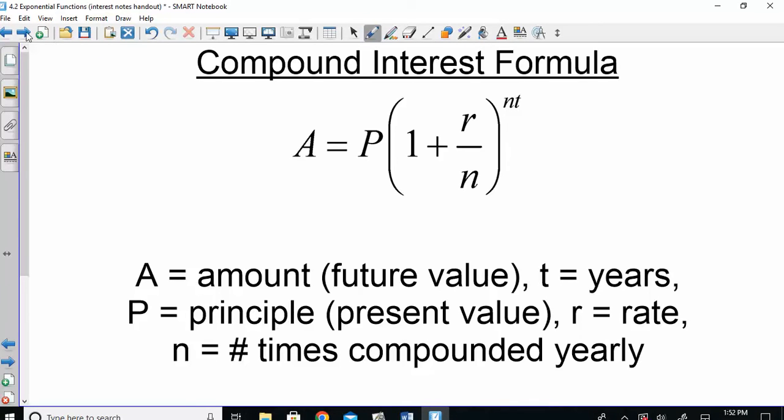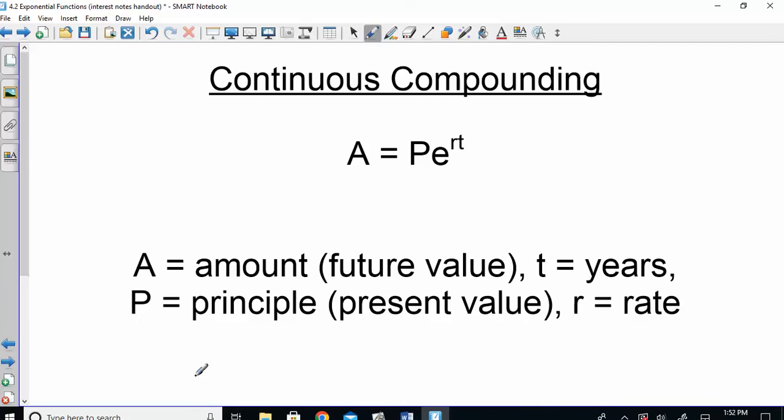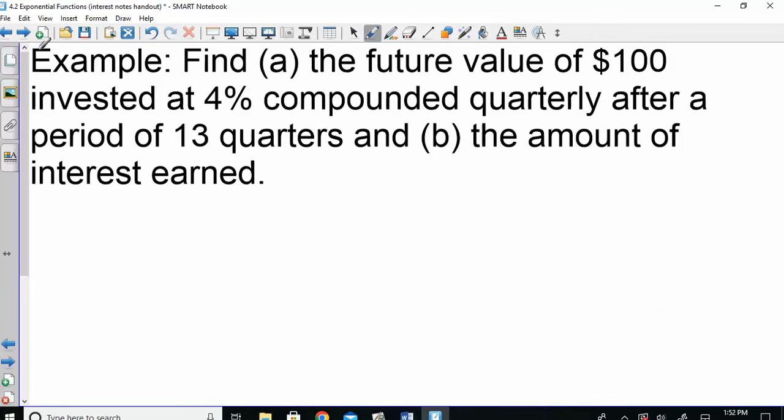We could continually grow that. So in that scenario, we have continuous compounding. Fewer variables: E, we've seen E on our paper, we know it's a number like pi, it's a button on our calculator. So we use this one only when you hear the words continuous compounding. Otherwise, we use the first formula.